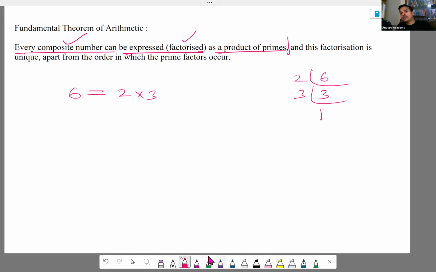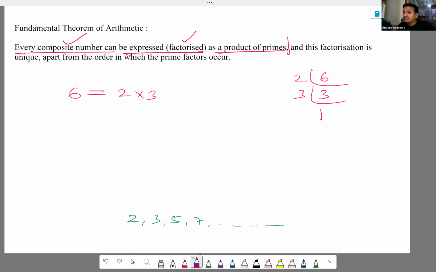I have already told you that you must learn all the prime numbers up to 20. So 2, 3, 5, 7, and so on. I request everybody to go in order. So for 6, I'm dividing by 2 first, because 6 is divisible by 2. And 3 is not divisible by 2, that is why I go with 3. 3 ones are 3.